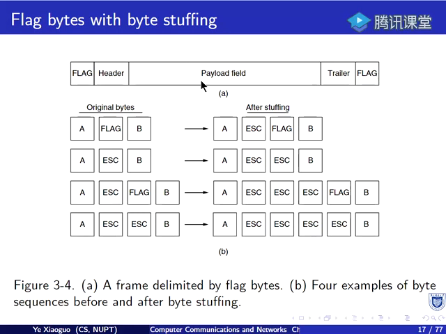There is a header, the payload field, and the trailer, then the flags: one flag before the header and one flag after the trailer. So between the 2 flags is a frame. A frame is between 2 adjacent flags.